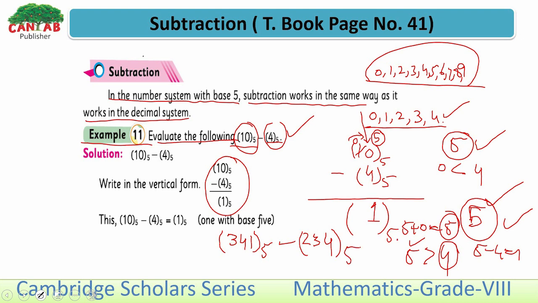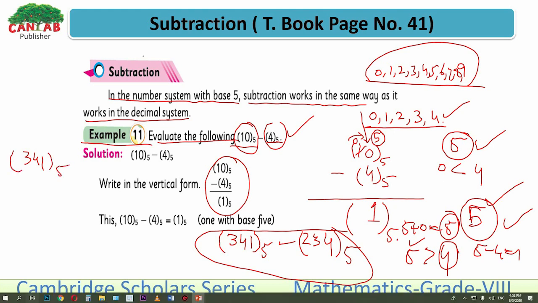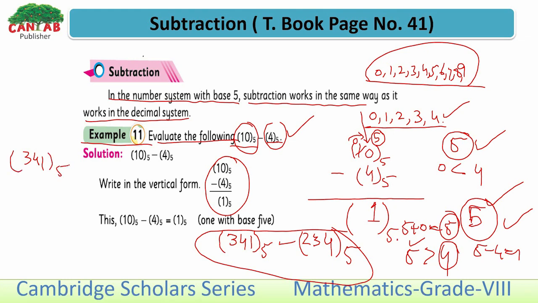We will use the same procedure. Write these numbers in vertical form. 341 minus 234. Now subtract.